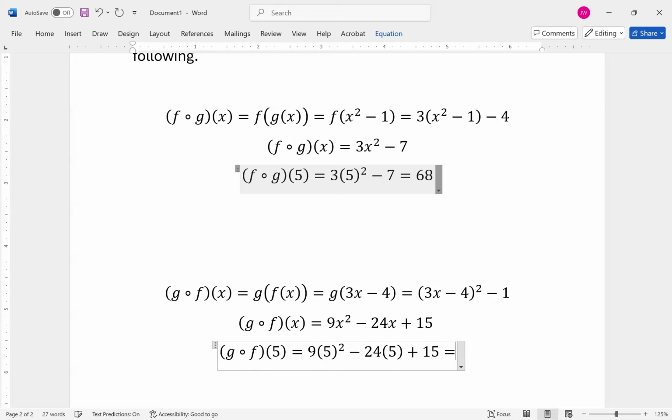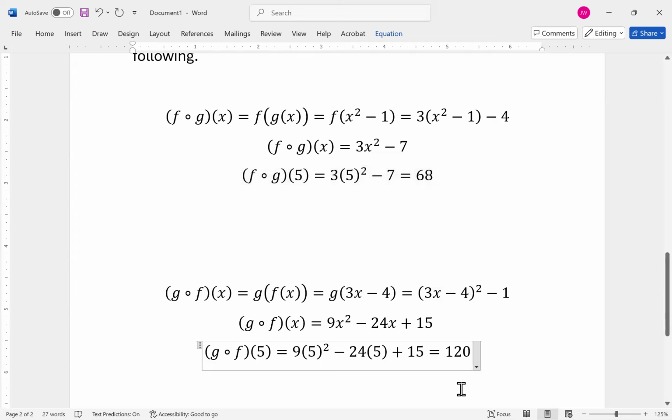And then I'd plug that into my calculator. And I'm doing that as I speak. I got 120 when I plug that into my calculator. So that's one way.